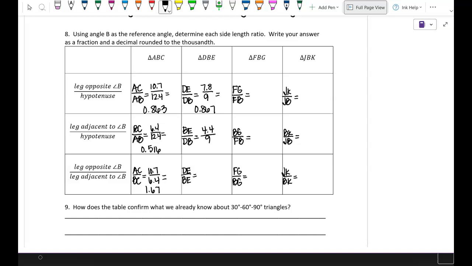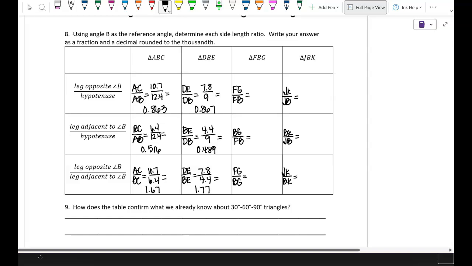I get 0.489. And then if I take the 7.8 divided by the 4.4, I get 1.77.